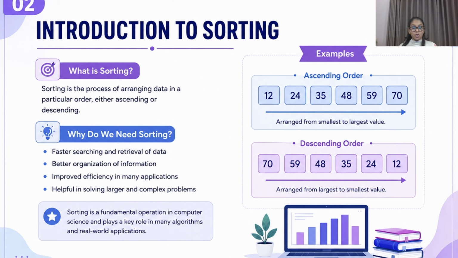Sorting can be useful when organizing names, numbers, product IDs, student records, transaction information, and many other types of data. Because sorting is such a common problem, computer scientists have developed many different sorting algorithms. Some algorithms compare elements directly. Others, like Radix Sort, use a completely different strategy, and that's what makes Radix Sort interesting.